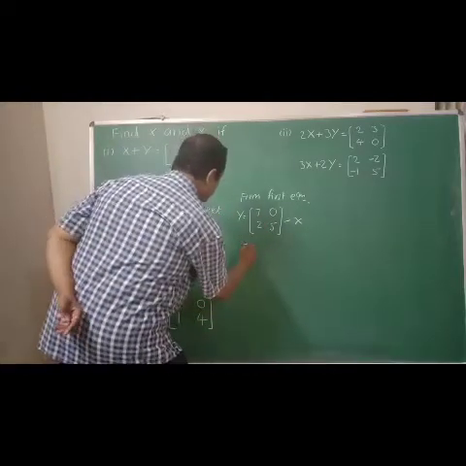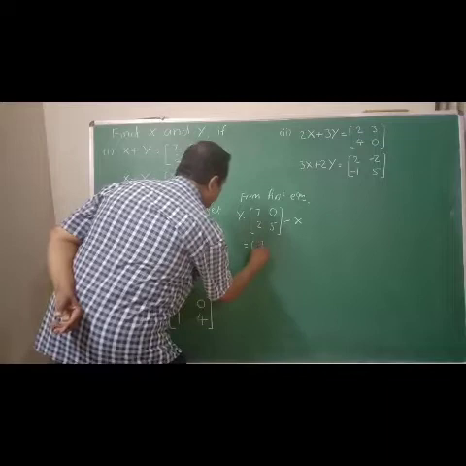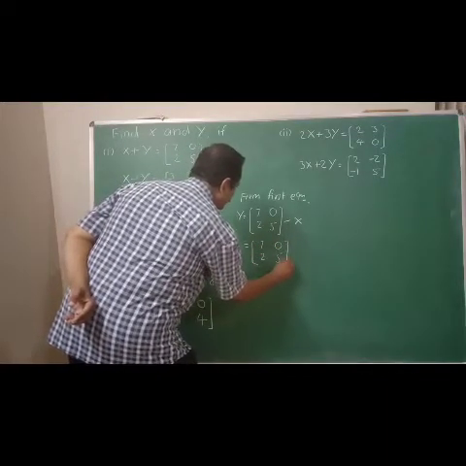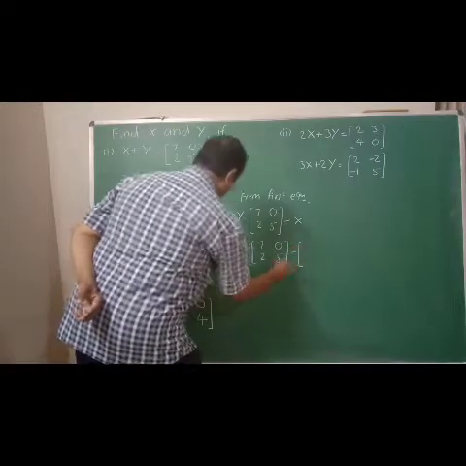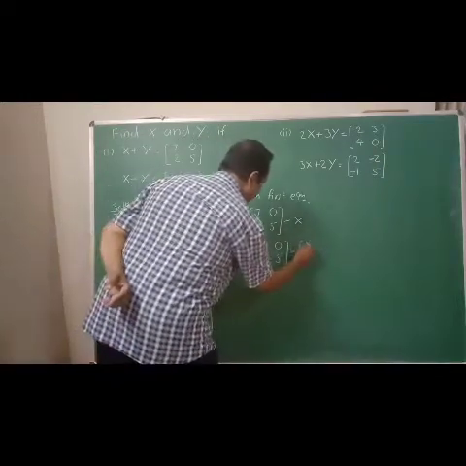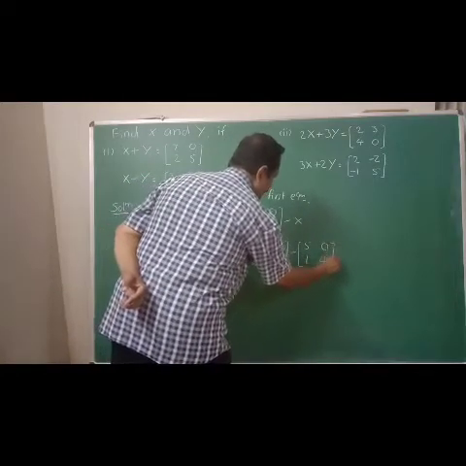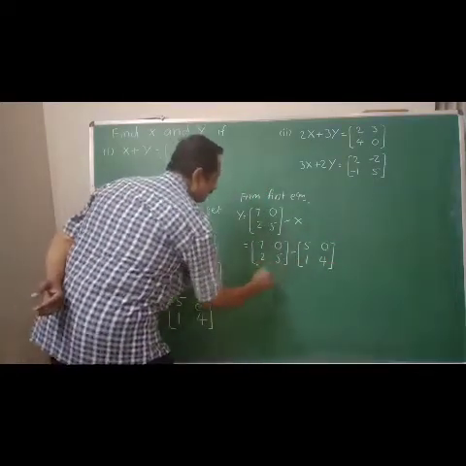So this is equal to 7 0 2 5 minus 5 0 1 4. Then subtracting these two matrices.